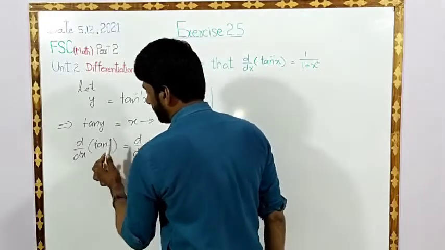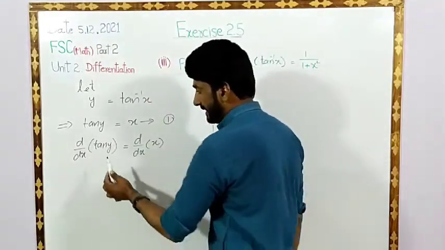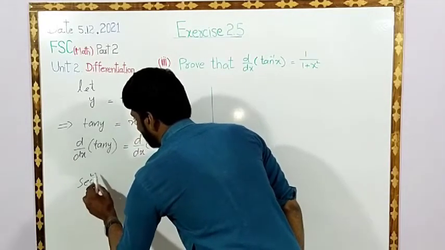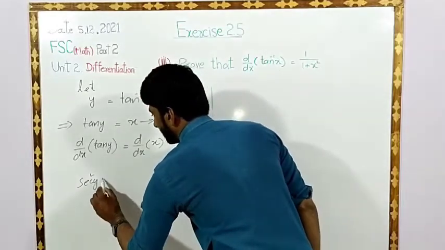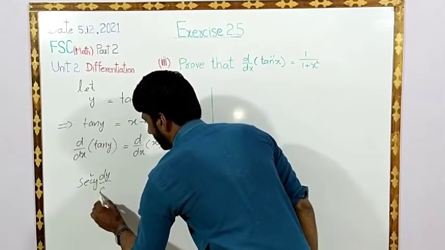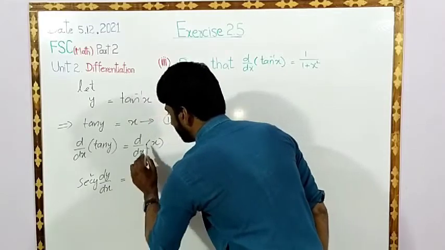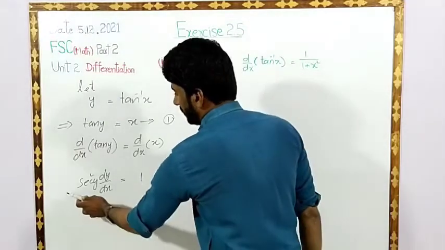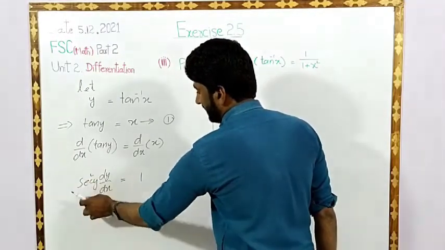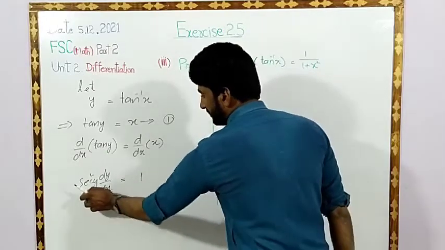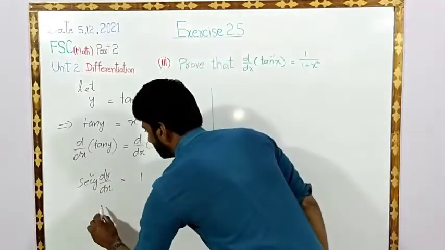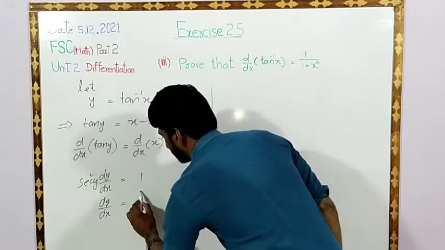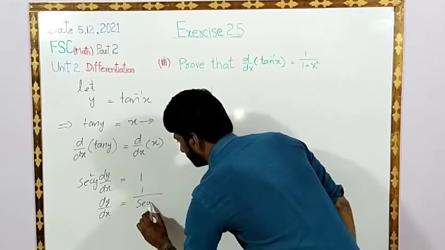The derivative of tan is secant square y, and when the derivative is applied on the angle y, it is written as dy over dx, and the derivative of x with respect to x is equal to 1. Now we take secant square y to the other side, so dy over dx is equal to 1 over secant square y.